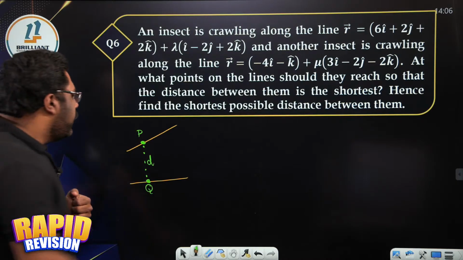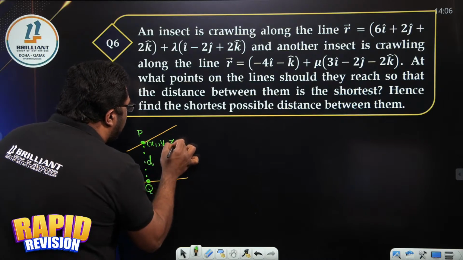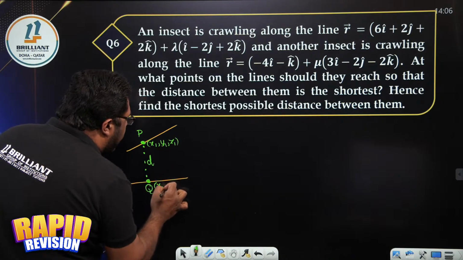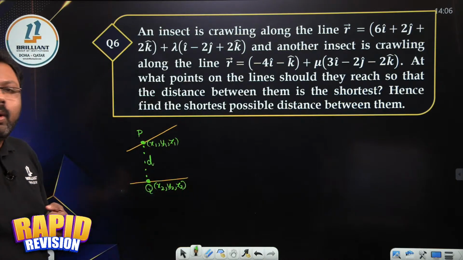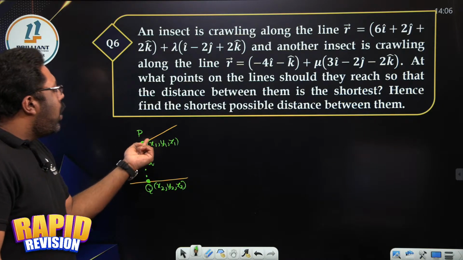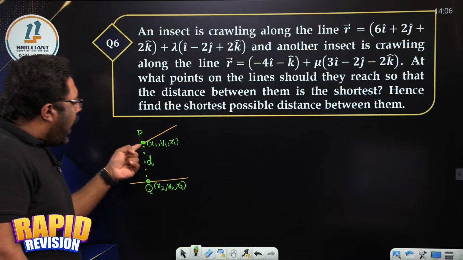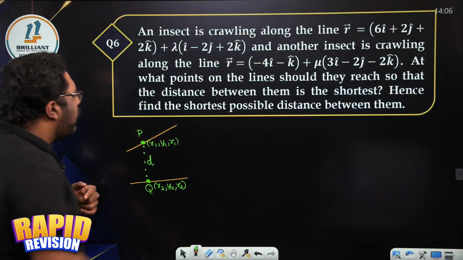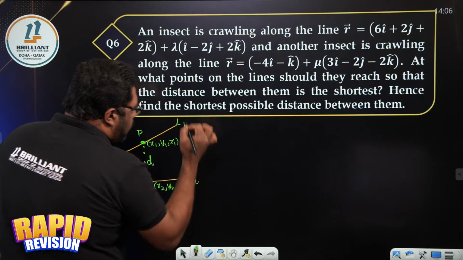That's the biggest problem. So let me call this point x1, y1, z1, and this point x2, y2, z2. I should find what x1, y1, z1 is and what x2, y2, z2 is. But I do know that x1, y1, z1 belongs to the first line and x2, y2, z2 belongs to the second line.